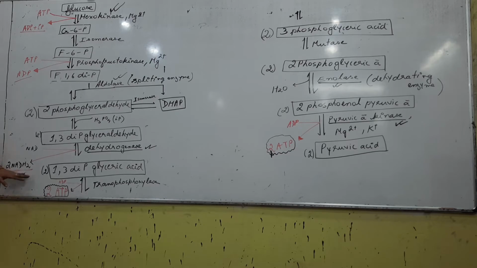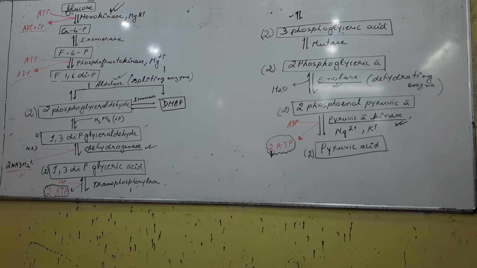Next point: a question may ask at which step NADH2 is produced. You have to be precise. Look at what is here: 2 phosphoglyceraldehyde, and here glyceric acid. When aldehyde is converted to acid, NAD gets reduced, meaning NADH2 is produced.